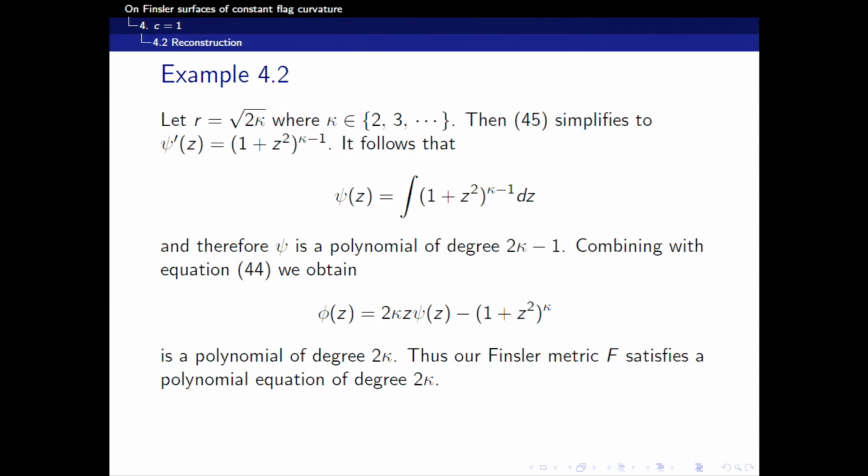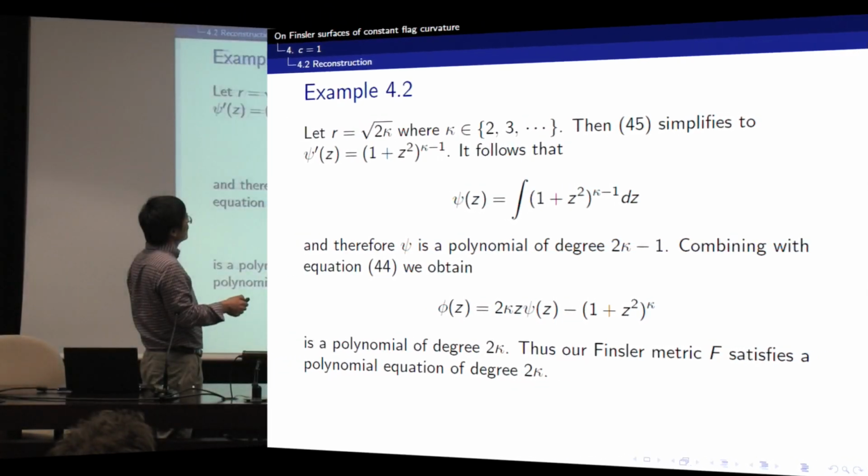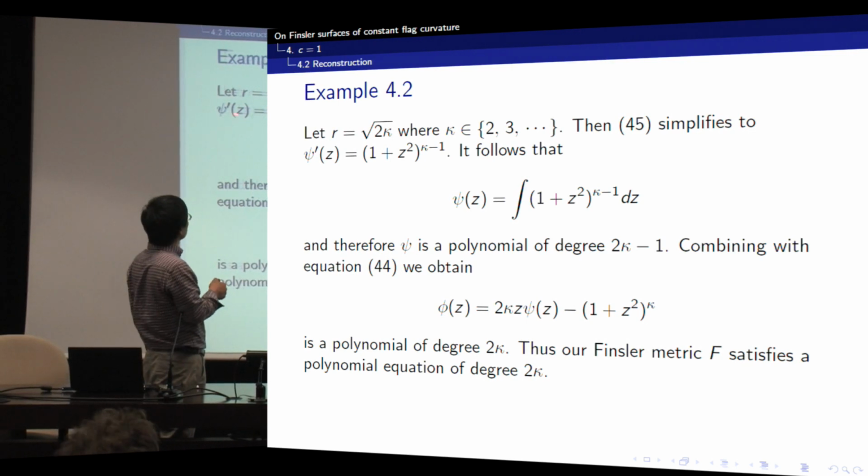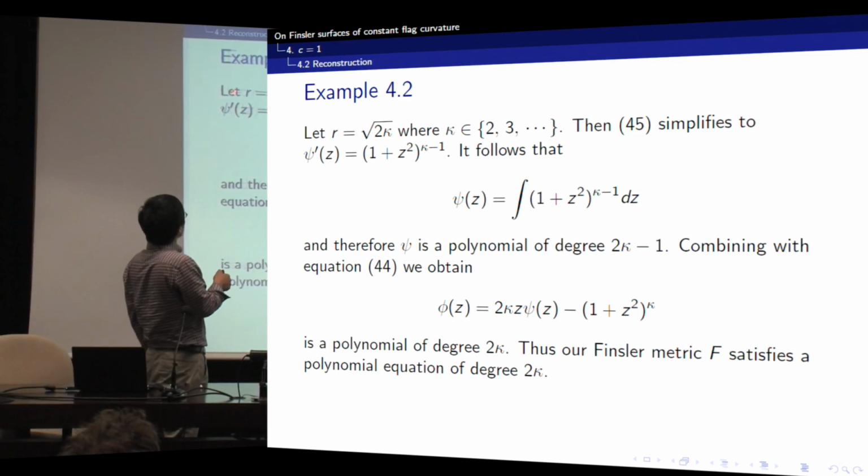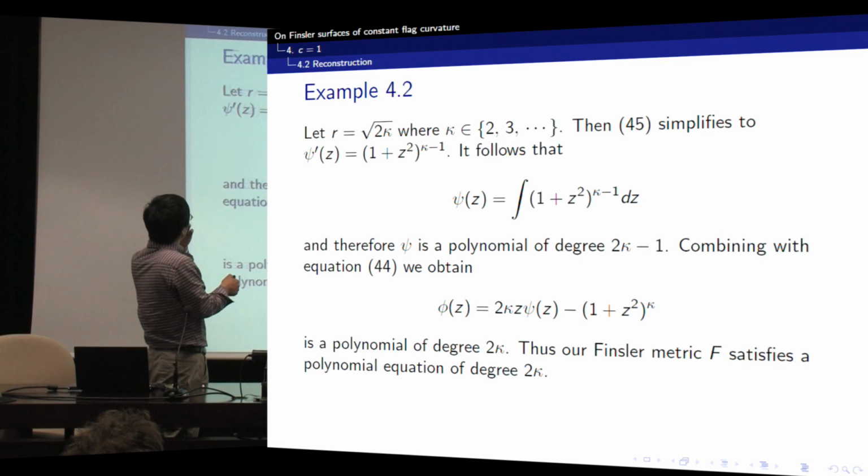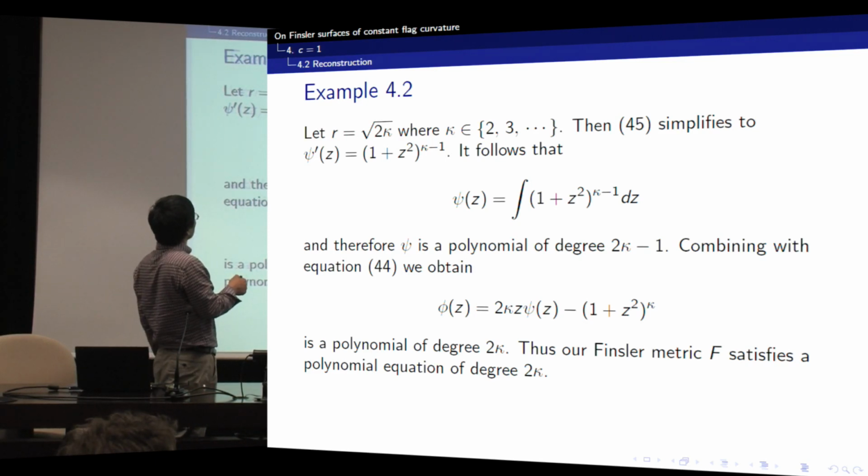Another example: suppose s equals 0 and r equals the square root of 2κ, where κ belongs to {2, 3, 4}, so in this case we can give many examples. Then (45) implies ψ′(z) = (1 + z²)^(κ−1).